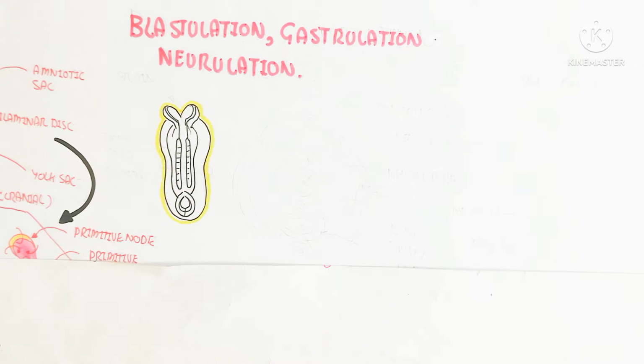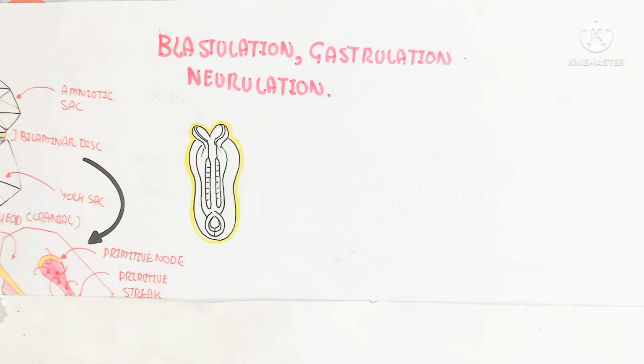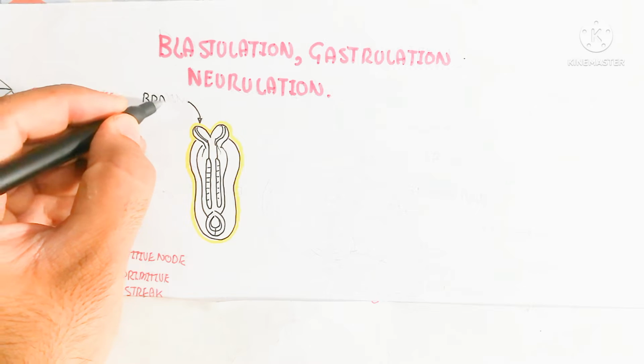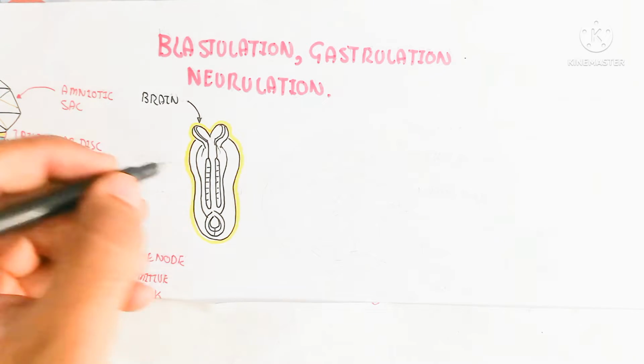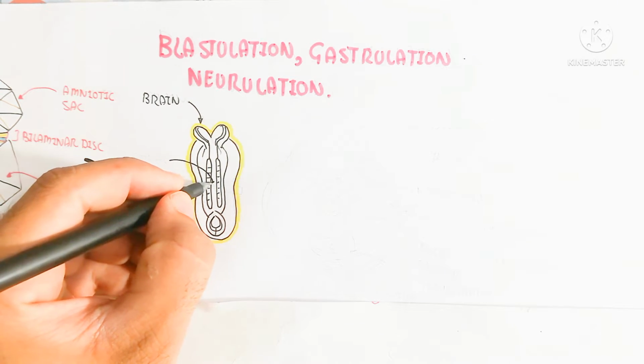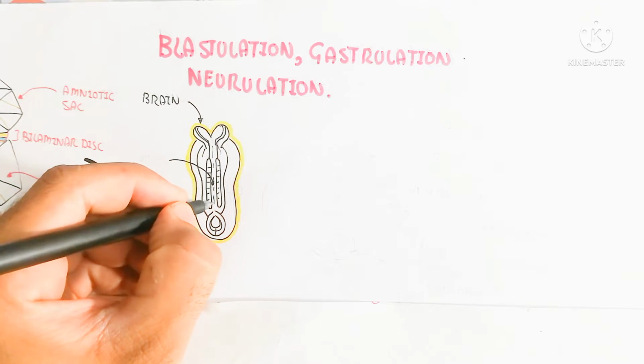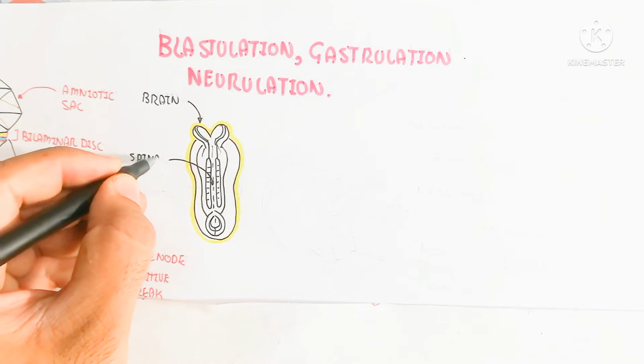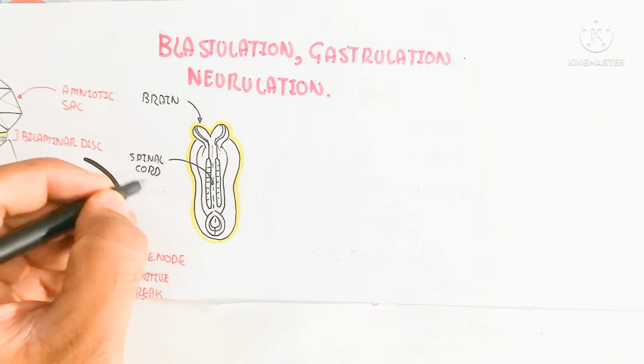So this is the segmented lining. It shows the somites, which are the precursor of bone formation, for example the vertebral column, and this is the brain side, and this is the mature neurula.